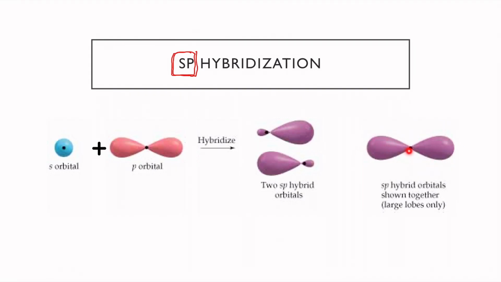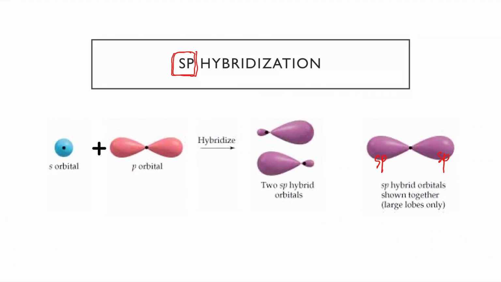So they are directional, so they will orientate themselves this way. And note that you don't see the small lobes here. Okay, you only see the large lobes because the small lobes are hidden behind them. Okay, so that is sp hybrid orbitals. You get back two. So this is sp, this is also sp.